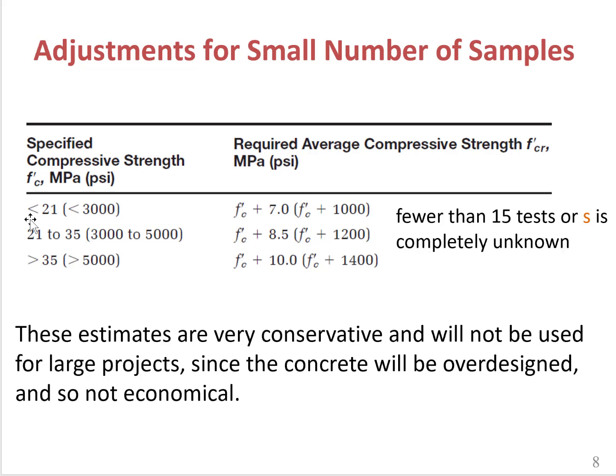If it's less than 21 MPa, then we use this formula to calculate the required average compressive strength. If it's somewhere between 21 and 35, then we will use this formula to calculate the required average compressive strength. And also, if it's larger than 35, we use this formula instead.